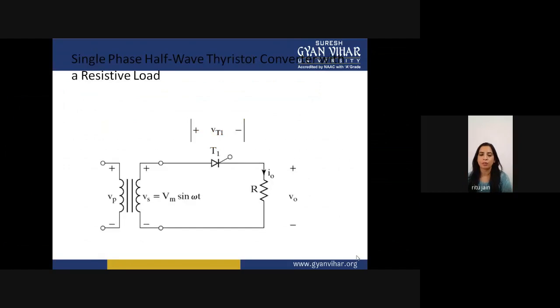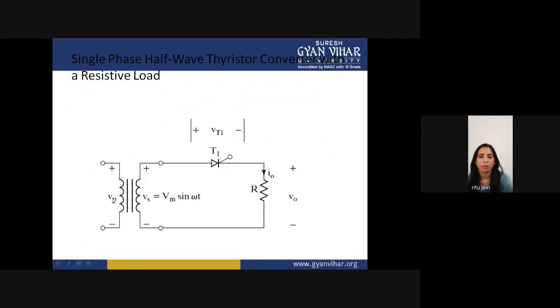So first we will discuss the single phase half wave thyristor converter with resistive load. So what is your single phase half wave thyristor controlled converter? You can see that this is your half wave thyristor converter, in which we are using only one SCR. There is a transformer, which has two windings.